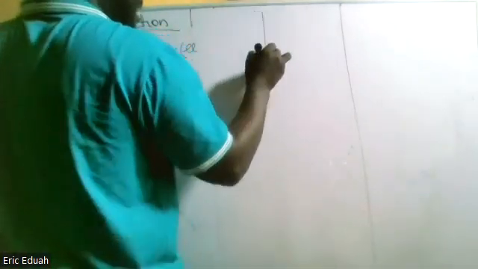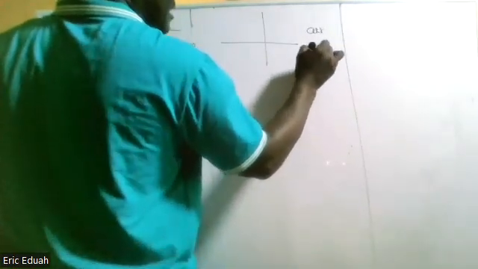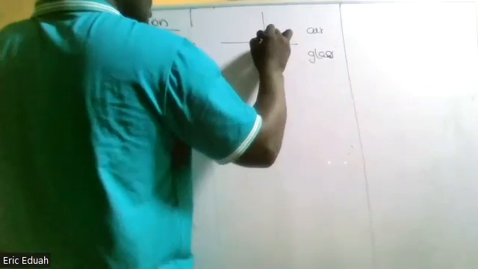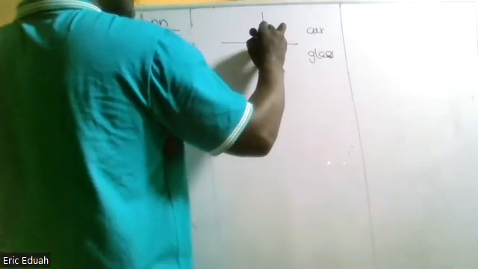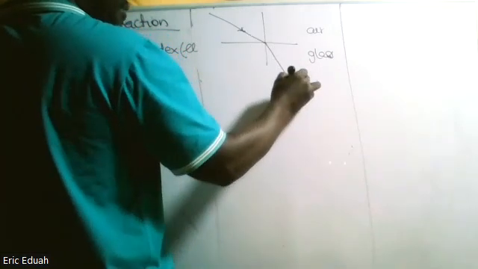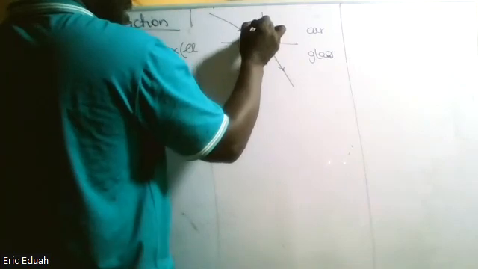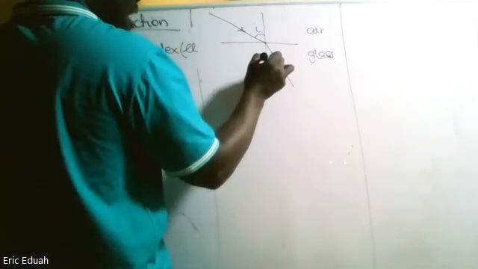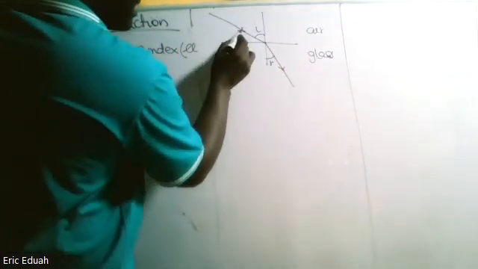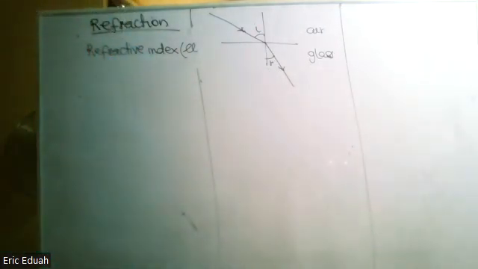So the path is actually from air to glass. Angle of incidence, angle of refraction. So I here, R here. This is the incident ray. This is the refracted ray.